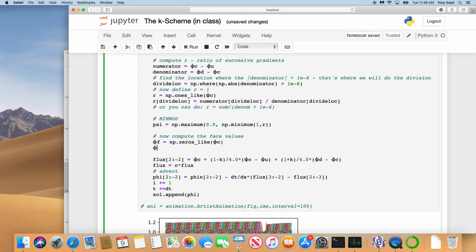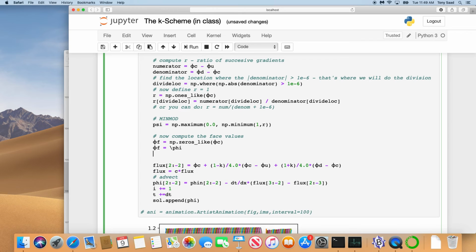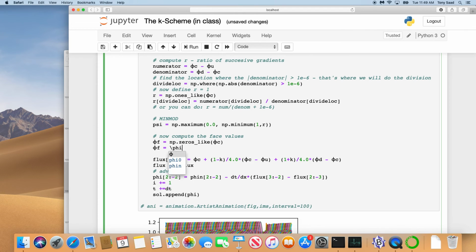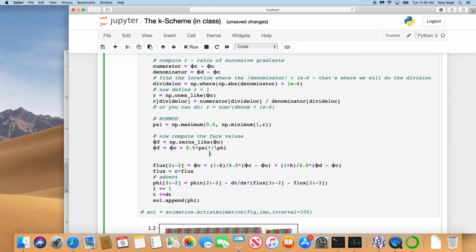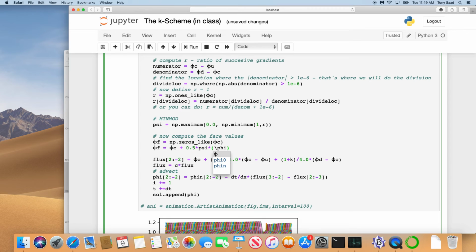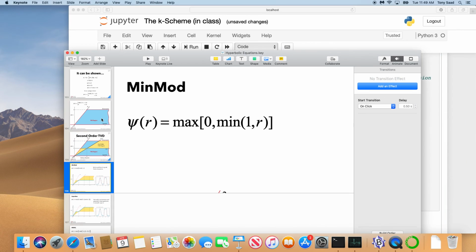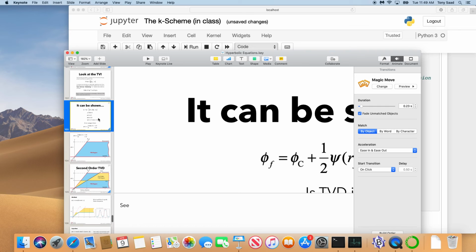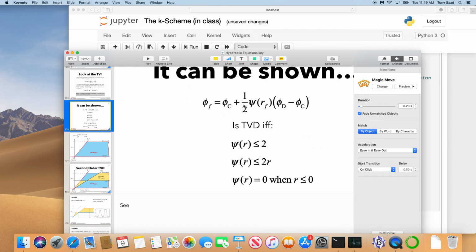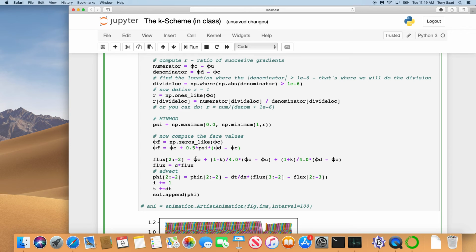Phi f is going to be equal to phi c plus 0.5 times psi times phi d minus phi c, right? So that was our scheme, our general form, that phi f is phi upwind plus 1 over 2 times psi, phi downwind minus phi upwind. That's all you have to do.